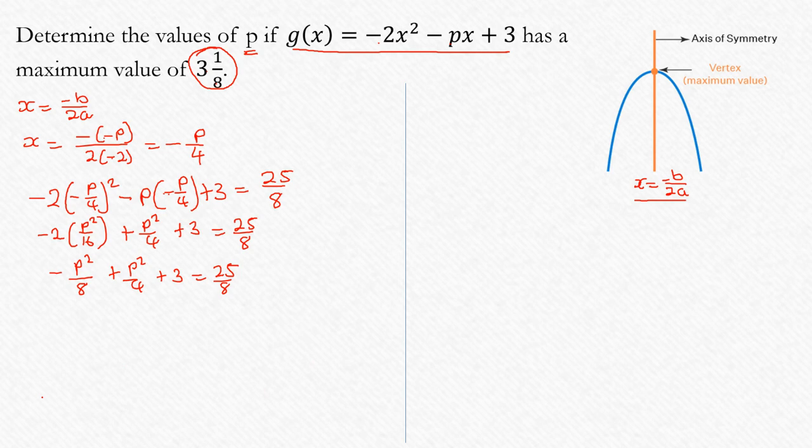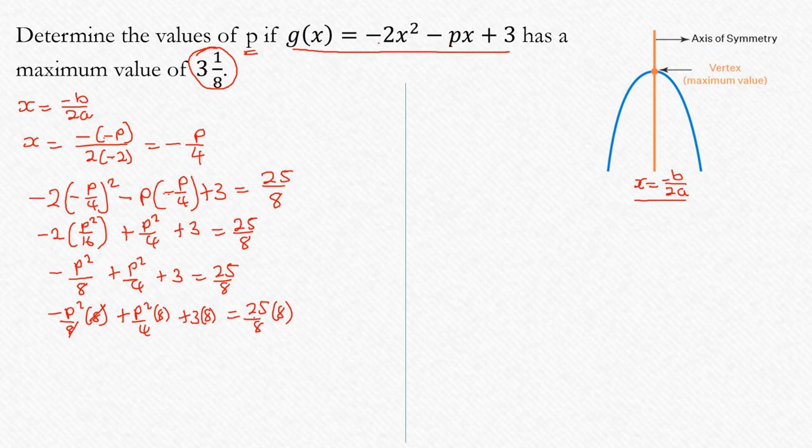Our LCD here is 8, so we multiply every term by 8. Negative p squared over 8 times 8, plus p squared over 4 times 8, plus 3 times 8, is equal to 25 over 8 times 8.